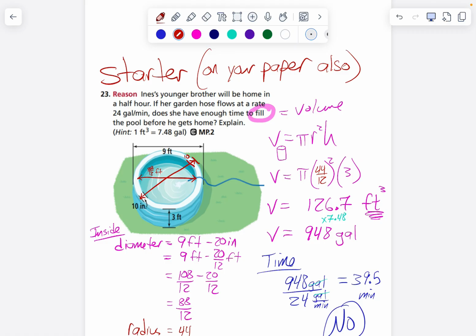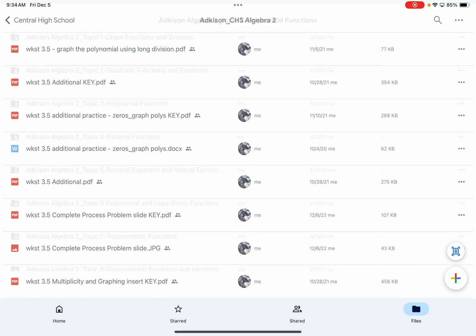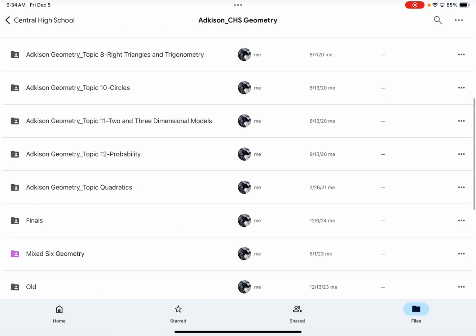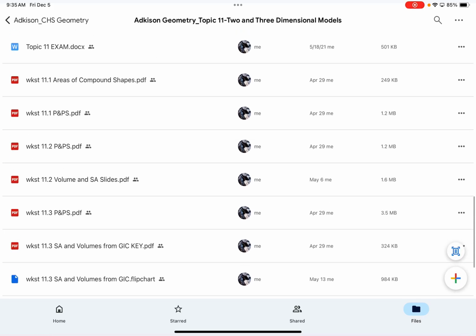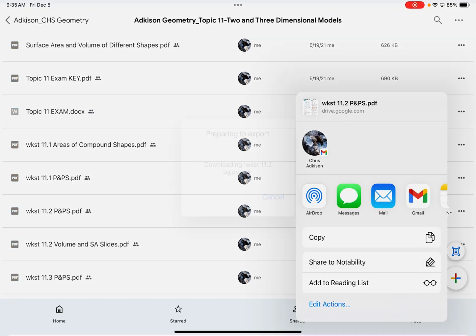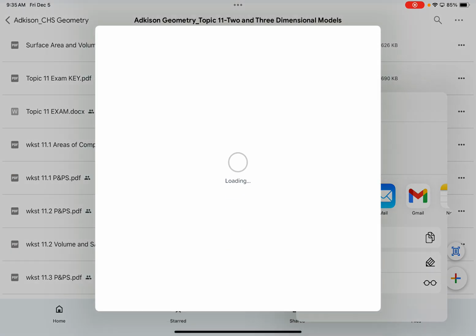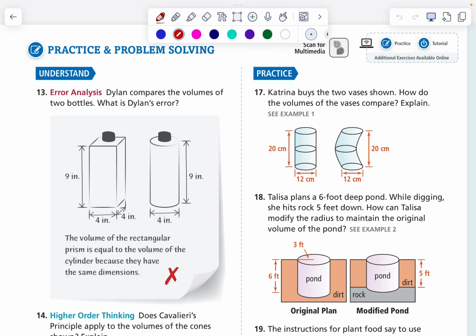Okay. So let's look at 18. All right, number 18.